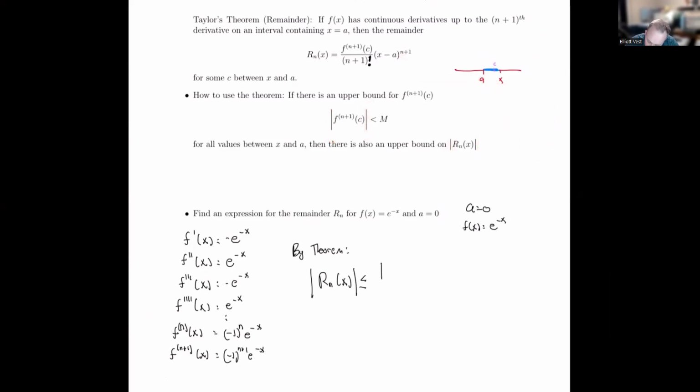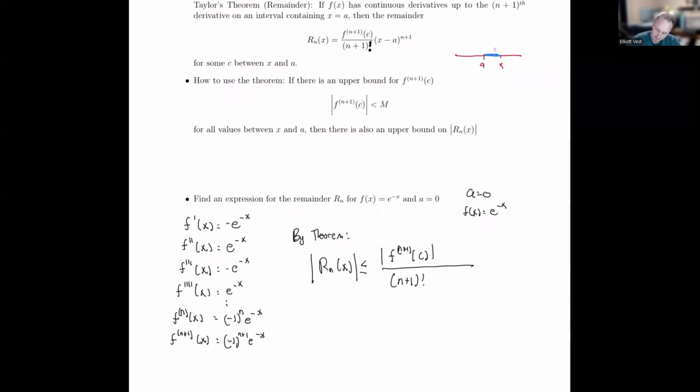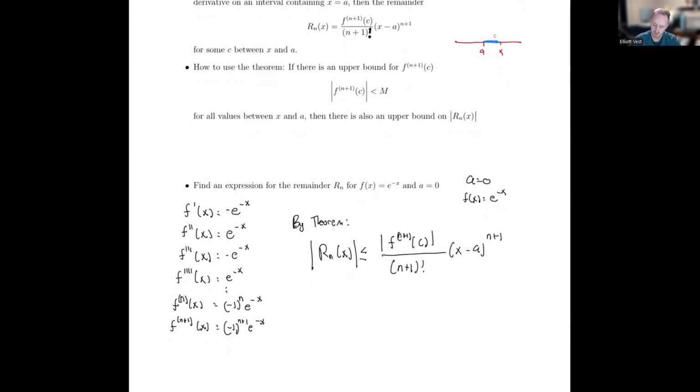So it's less than or equal to the absolute value of your f n plus 1 at some c over n plus 1 factorial times your x minus a to the n plus 1 power here.